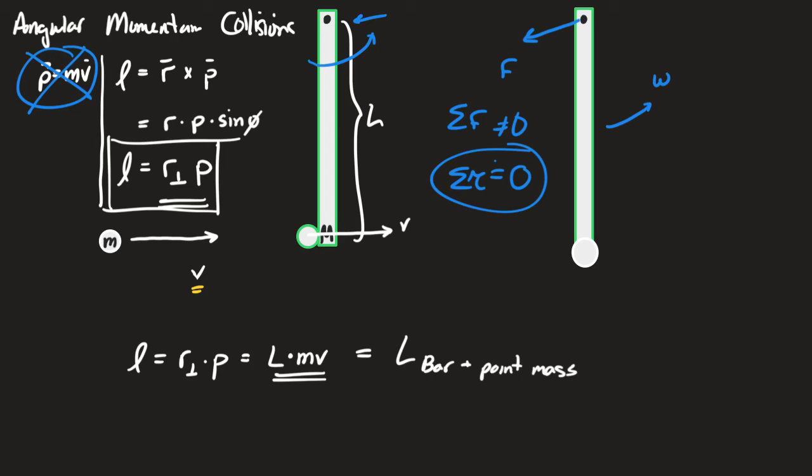Now, is it 1/3 ml squared plus ml squared for the moment of inertia? Yeah, okay. As long as you were to say that, because I asked for the angular momentum, and you gave me the moment of inertia, I'm happy with that. So yes, the bar has a moment of inertia of 1/3 capital M L squared.